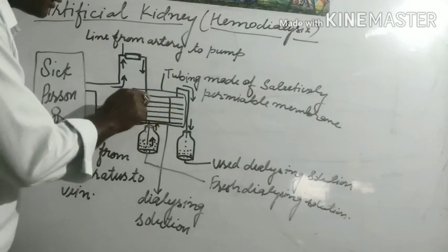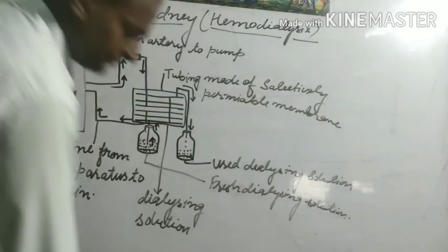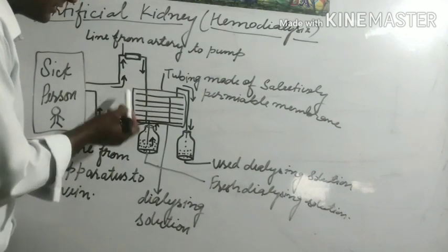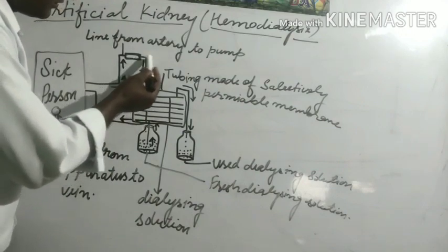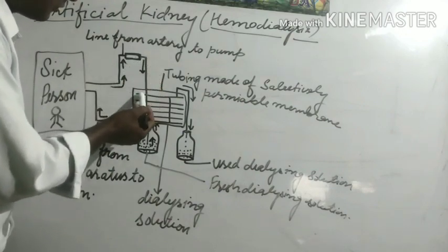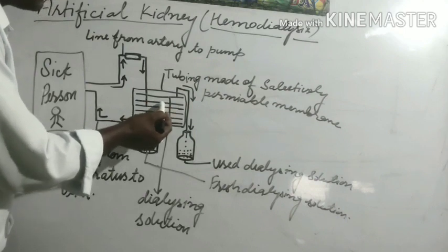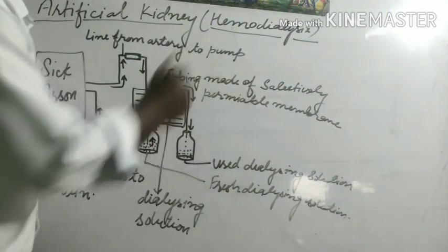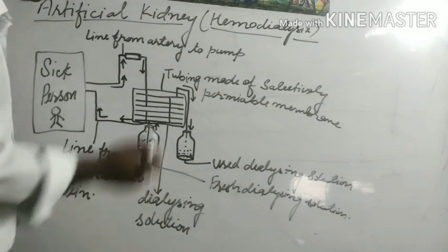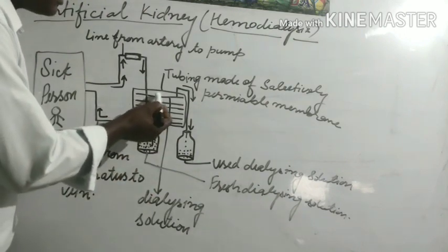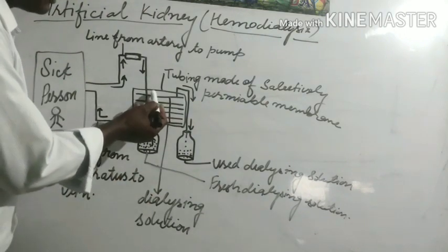You can see these are tube-like structures. The impure blood passes through these tubes, which are a selectively permeable membrane. Through this, it is filtered periodically.